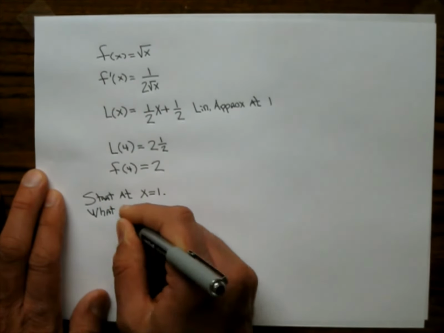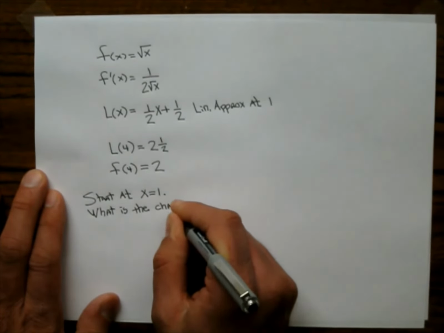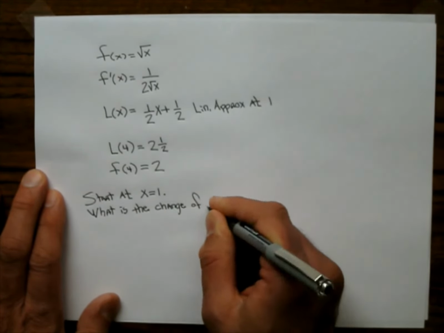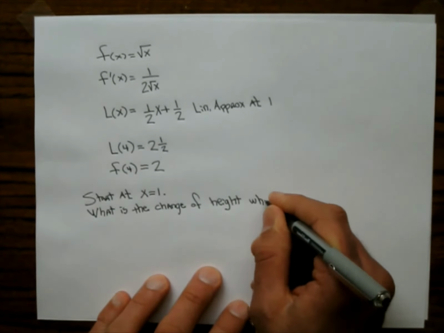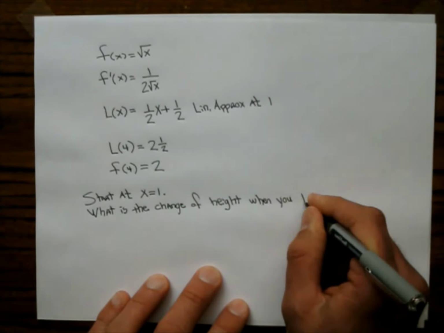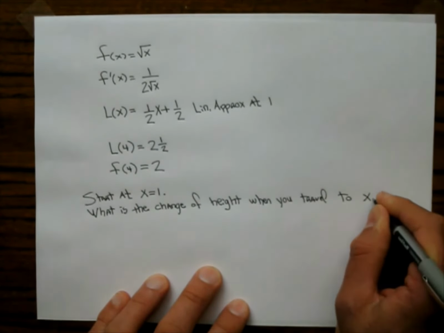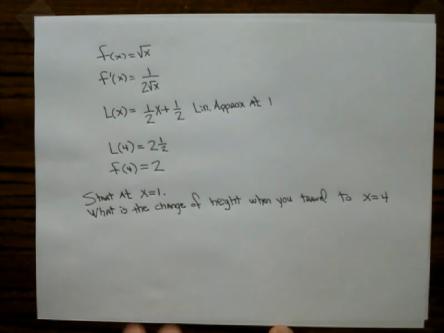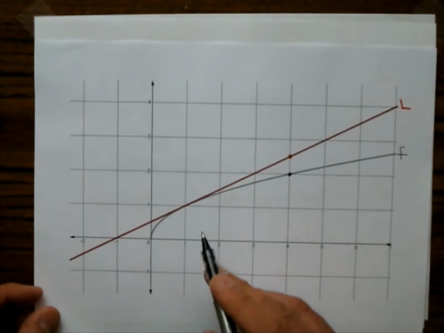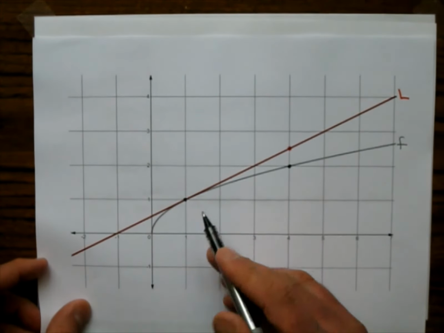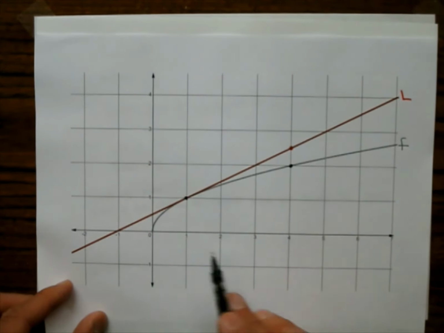What is the change of height when you travel to x equals 4? Okay, so you know you can think of yourself as a little bug. You're starting off at 1, right here, 1, 1. What is the change of height when you travel from 1 to 4?